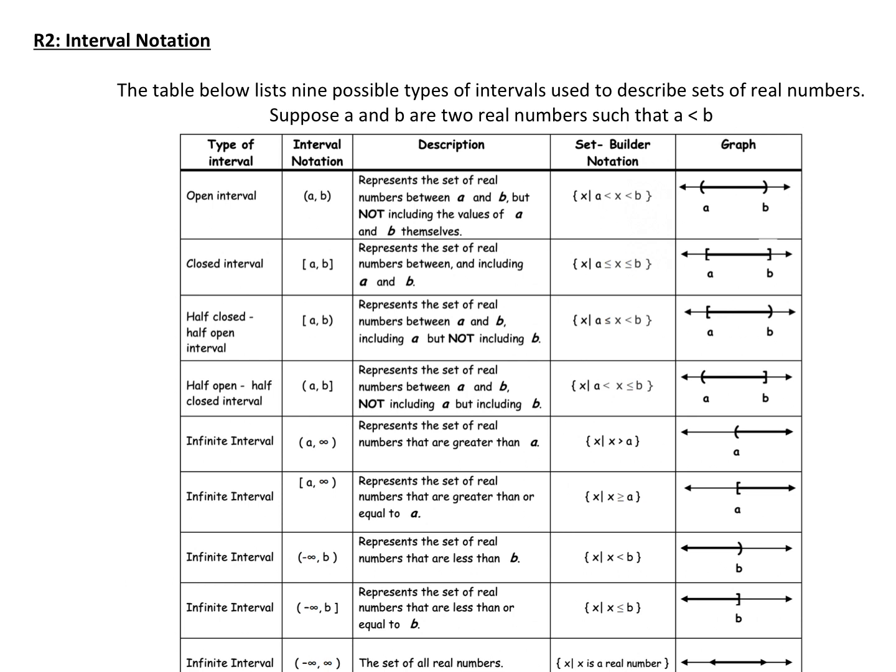So a closed circle would be a bracket. An open circle would be a parenthesis. So you'll see me use probably the circles instead today, but just know that this table is using those instead, okay?